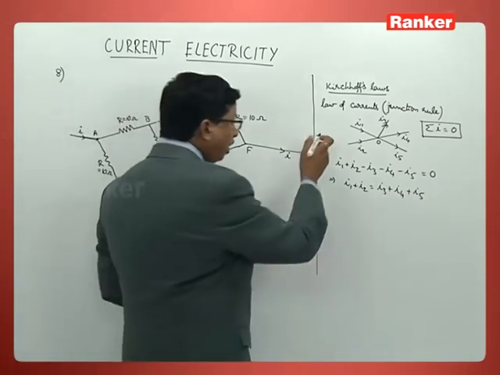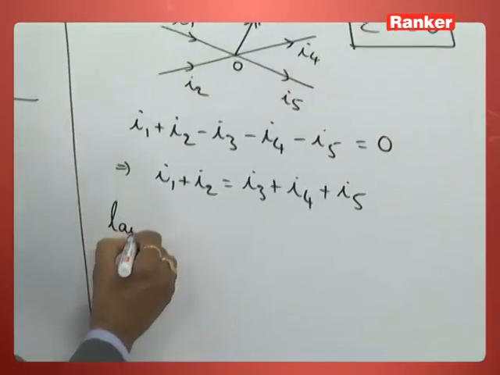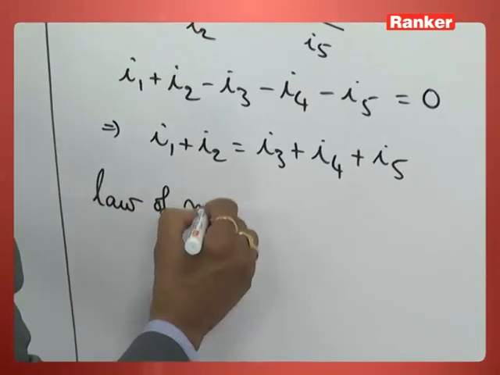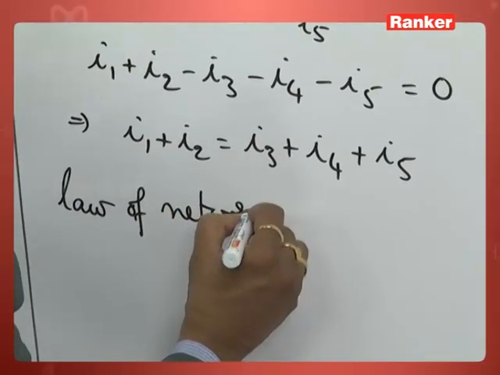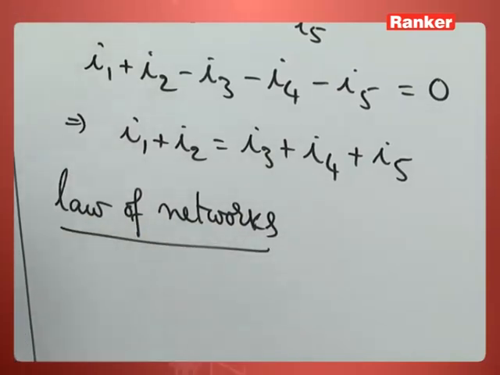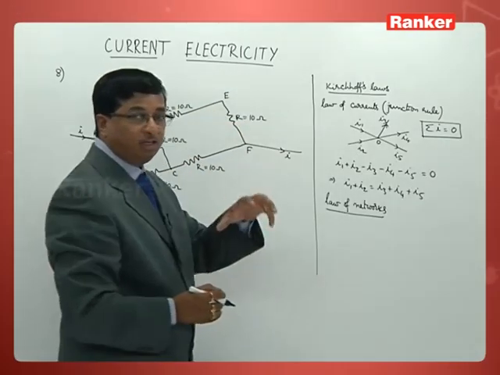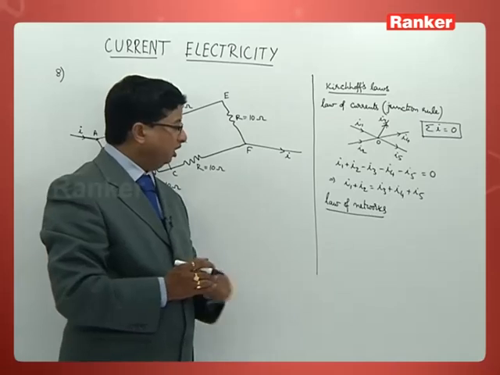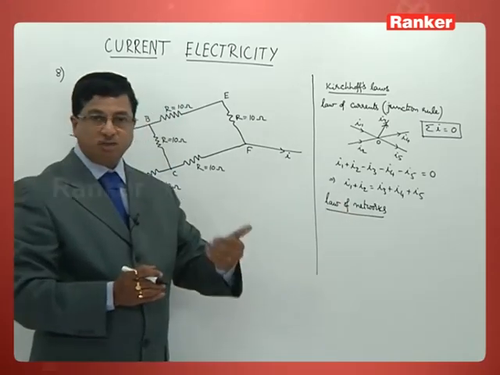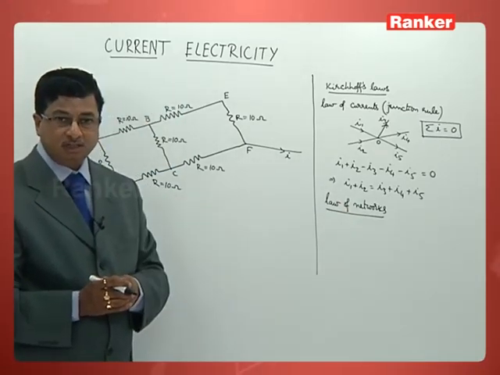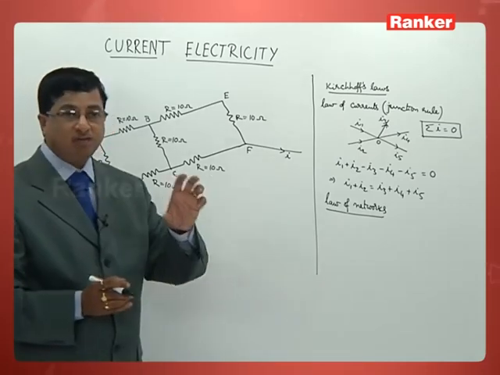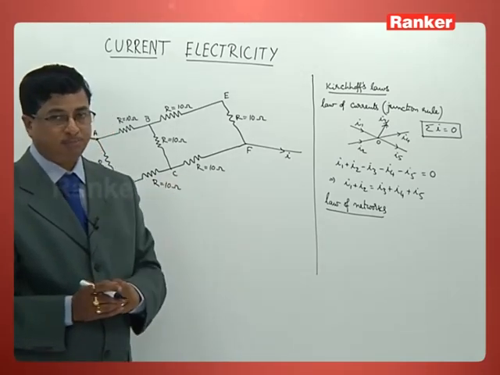Second, what is the second one? That is called law of networks. You can even call it as law of EMFs also. While taking law of networks or law of EMFs, one should understand conventional signs carefully.